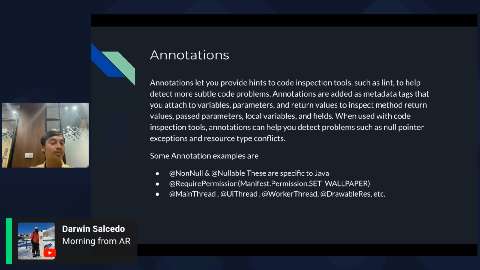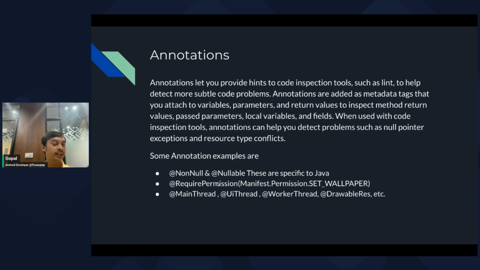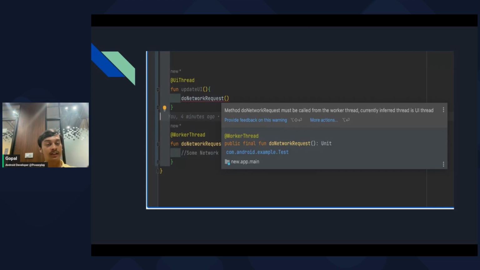There are some annotations we use in everyday life, like @NonNull and @Nullable, which are usually Java specific. There are also annotations like @MainThread, @UiThread, @WorkerThread, and @DrawableRes.